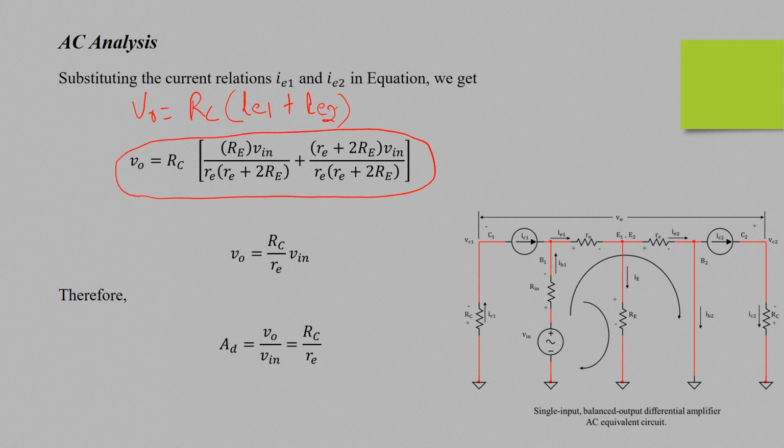From here we get the output voltage equal to RC by re into Vin. Therefore, the voltage gain V0 by Vin is equal to RC by re.